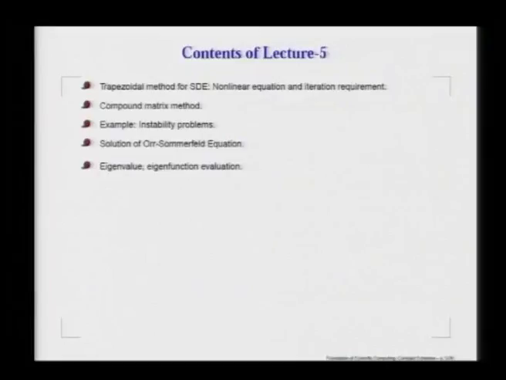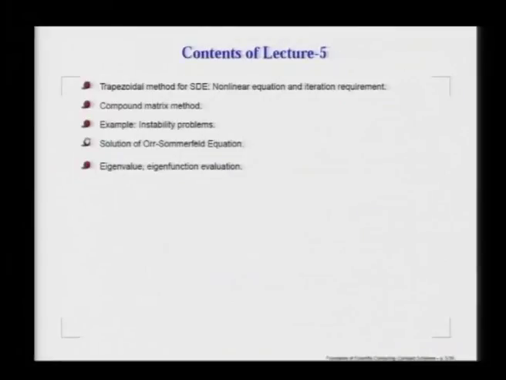In contrast to the trapezoidal method, we will talk about a new method which is not very old. It has come about over the last couple of decades. It is called the compound matrix method, and we will see its versatility by talking about instability problems. In the context of flow instability we will introduce what is known as the Orr-Sommerfeld equation.